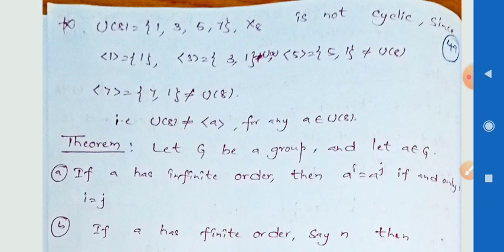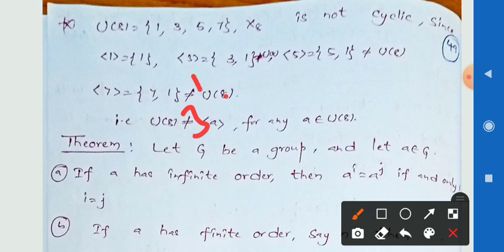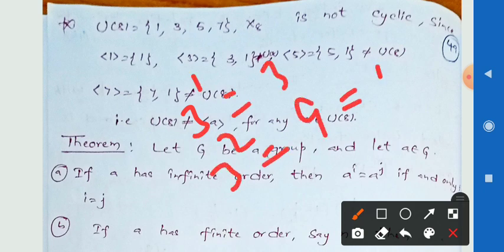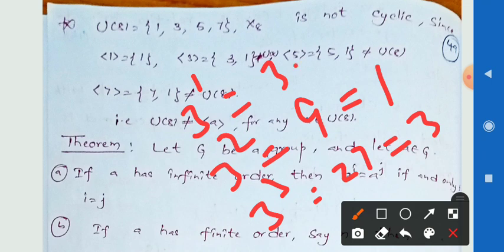Generator 1 gives 1. With generator 3, 3 power 1 is 3, 3 square is 9, dividing by 8 we get 1, and 3 cube is 27, dividing by 8 we get 3. Means here 3 is repeating. So generator 3 gives the elements 3, 1; similarly generator 5 gives 5, 1, and generator 7 gives 7, 1.